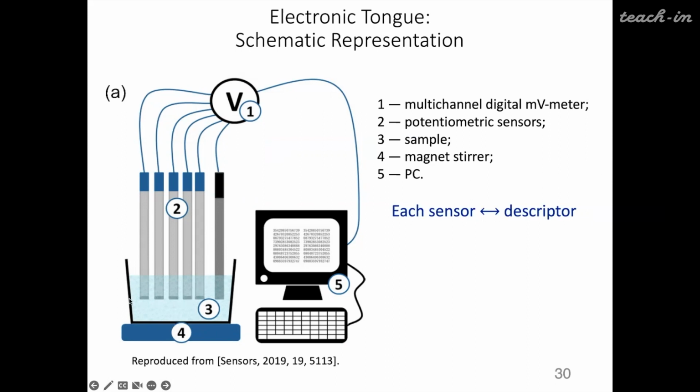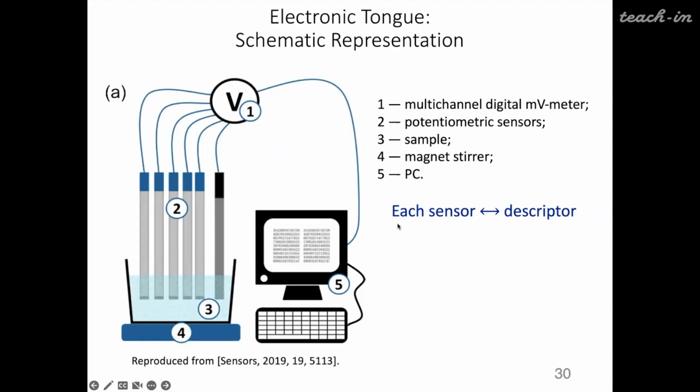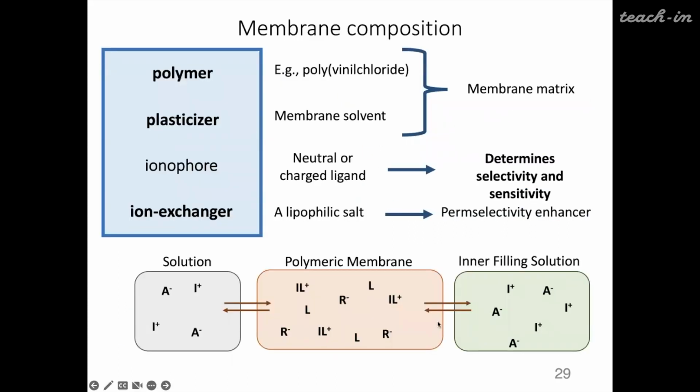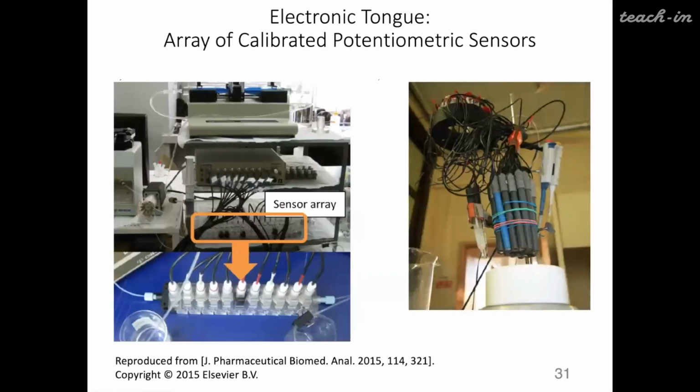Each sensor in this array is basically some kind of descriptor, if it's calibrated to a particular compound. We can study complex mixtures like body liquids, some natural oils, or even beverages. So this is the schematic representation of an electronic tongue.